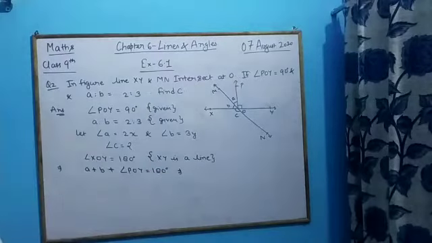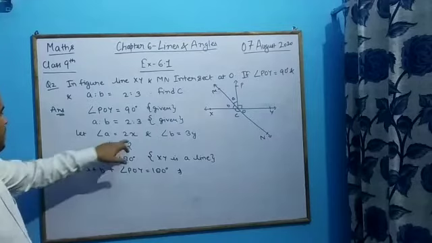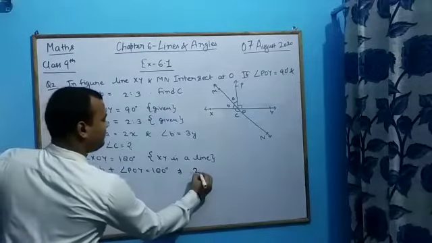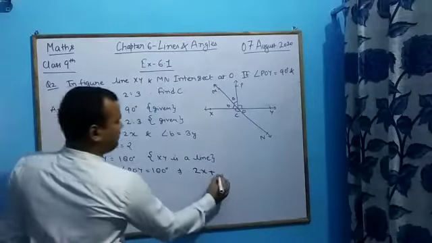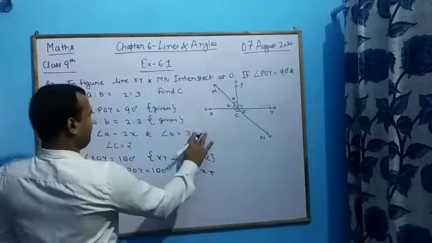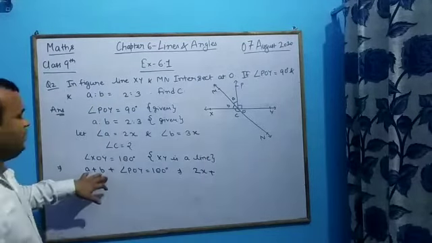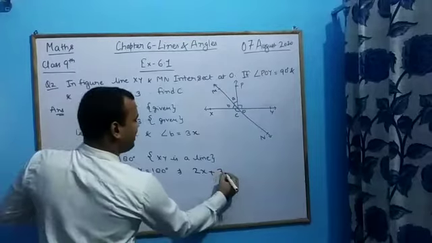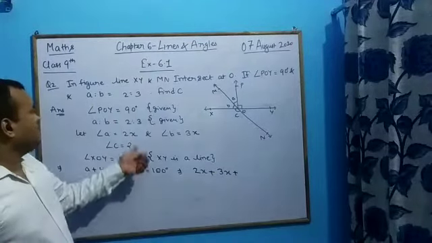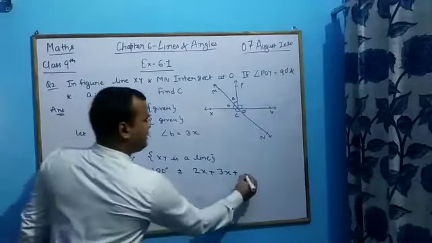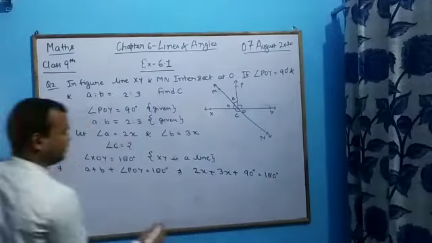Now let us write the values of all the angles. Angle A, we have taken it as 2x. Angle B, we have taken it as 3x. And angle POY is 90 degrees, and that sums to 180.